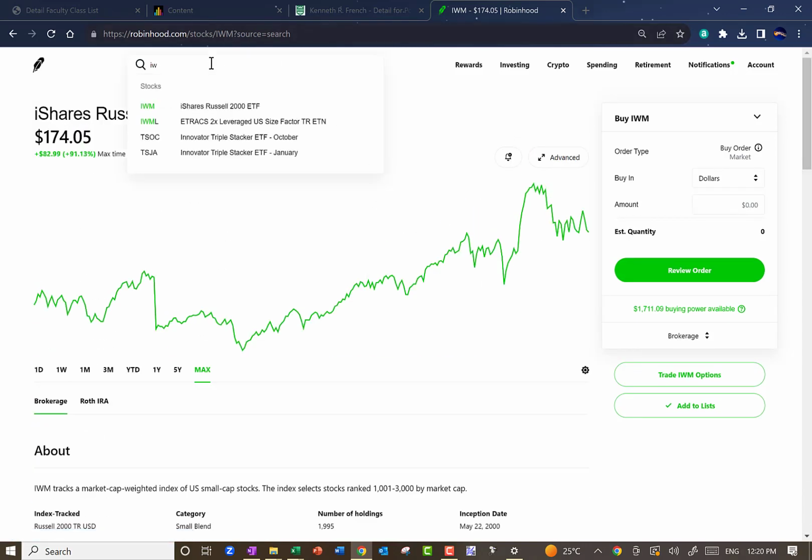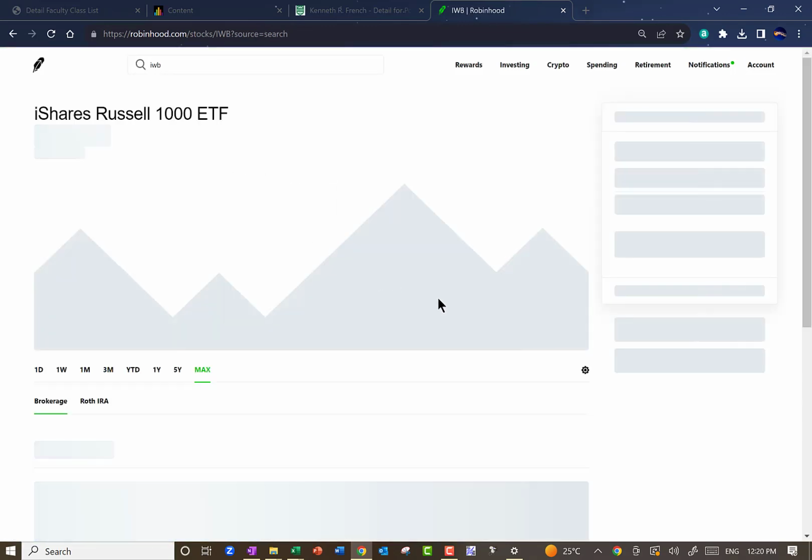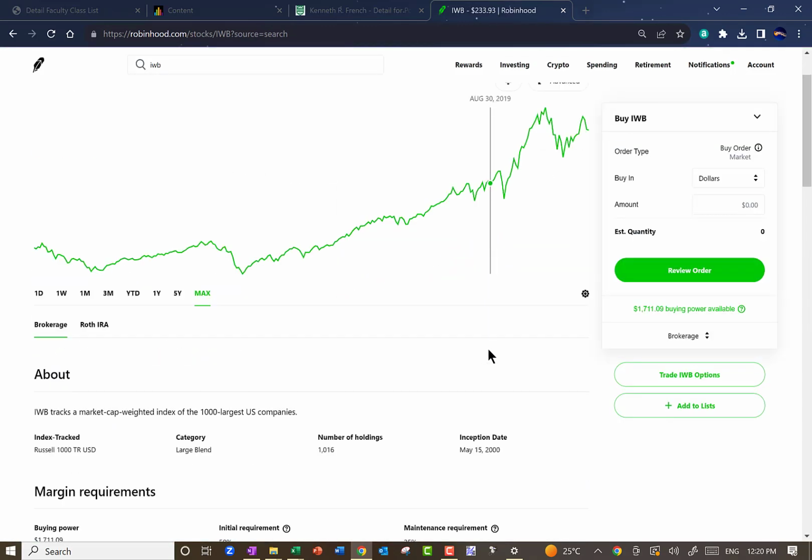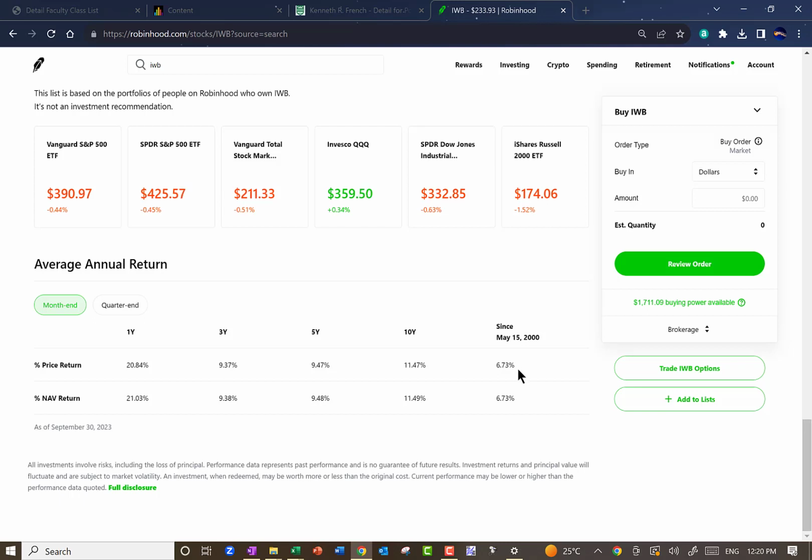Oh, I didn't get the IWB. And on the other hand, large companies are 673.